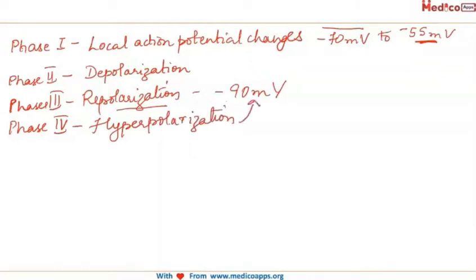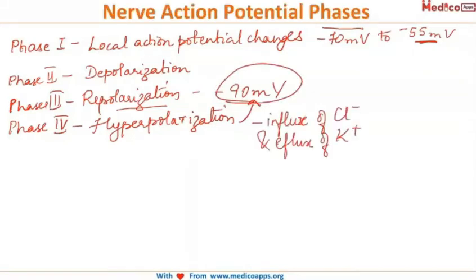The cell goes to a value of minus 90 millivolts. The significance of this hyperpolarization is that it results in inhibition of the cell, because there is an influx of chloride ions and efflux of potassium ions. The cell goes into hyperpolarization of minus 90 millivolts and lands in a state of inhibition.